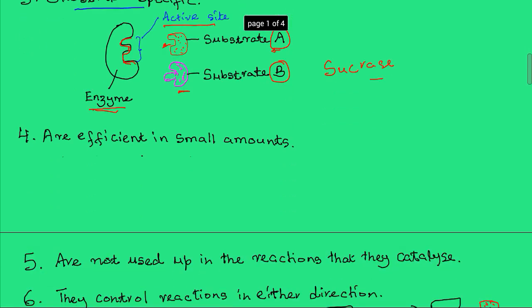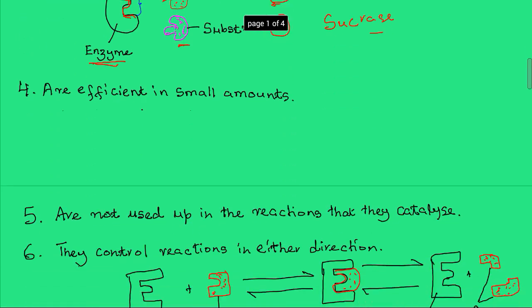Next is the efficiency of enzymes. Enzymes are very efficient. They are effective in small amounts. Just a small amount of enzyme is enough to bring about the conversion of substrates into products.